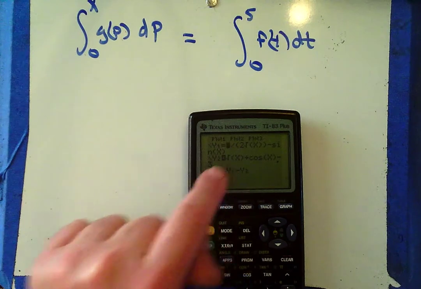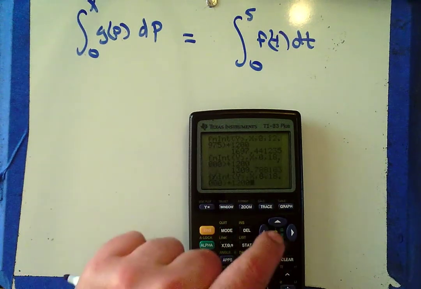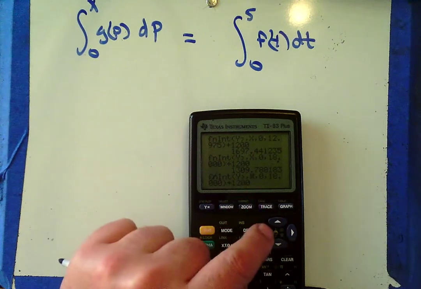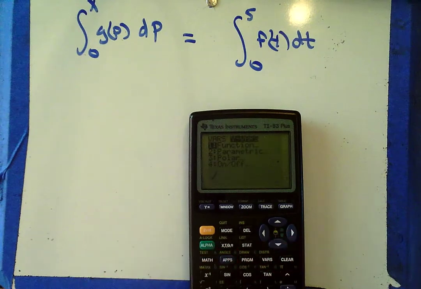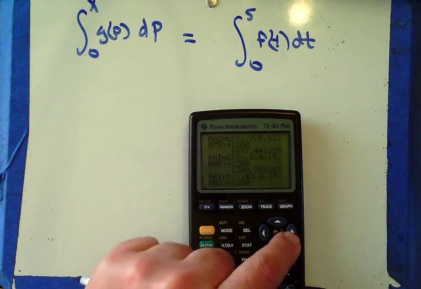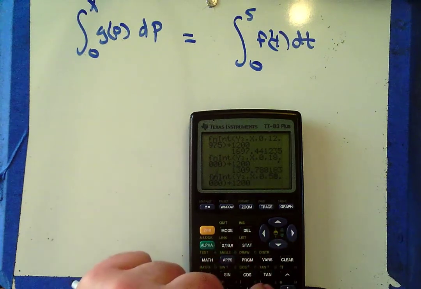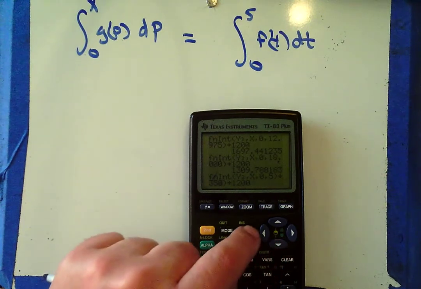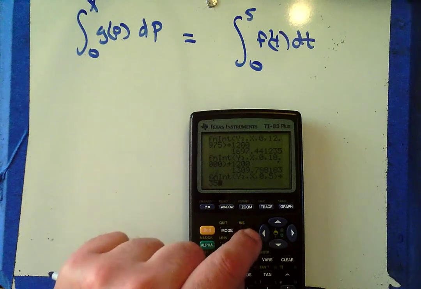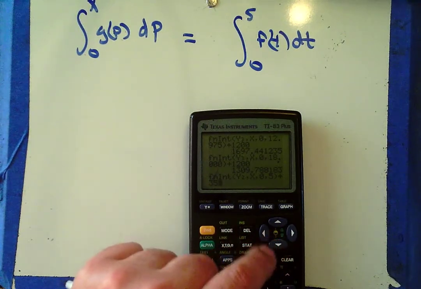This one's f. So if I do f of t, that's y2, from 0 to 5, plus 35. Yes.